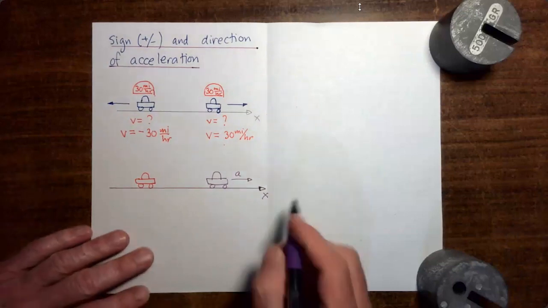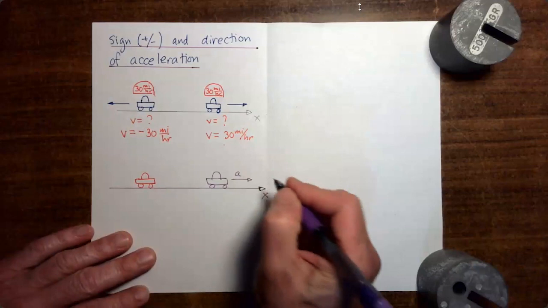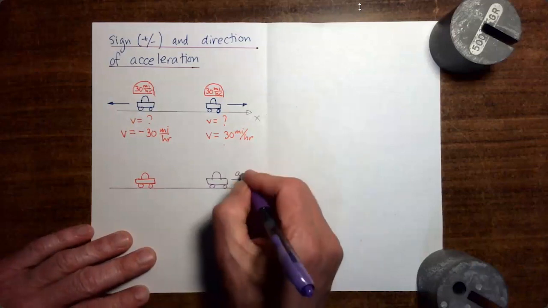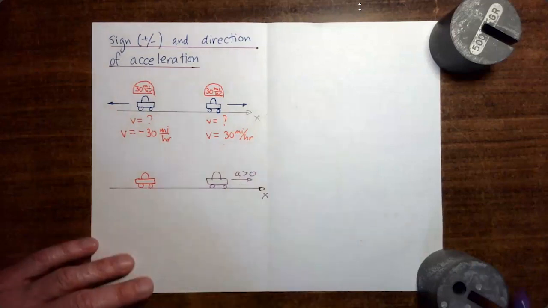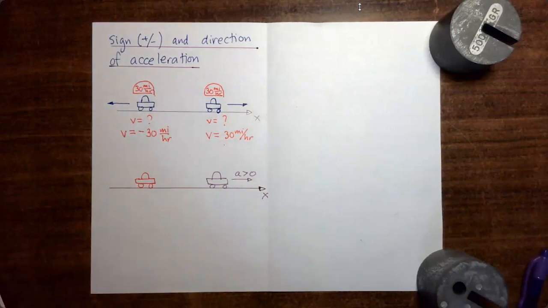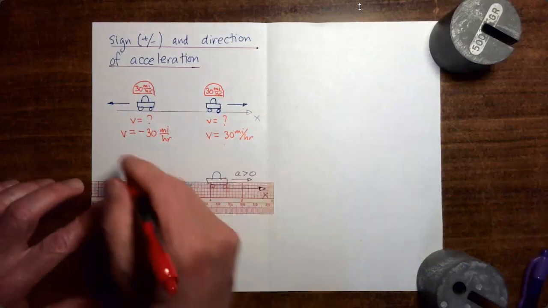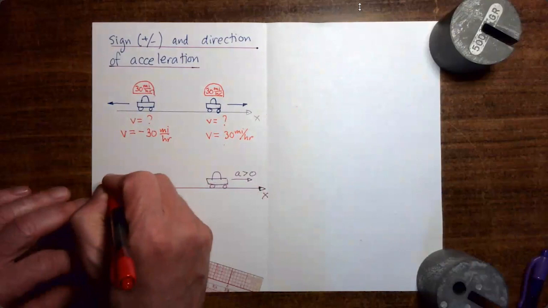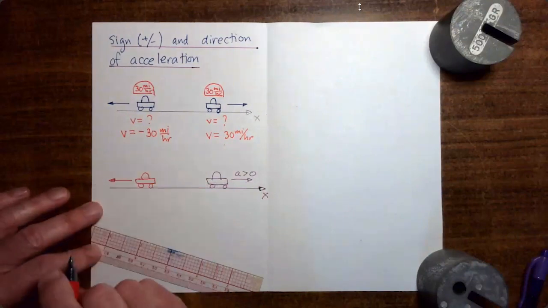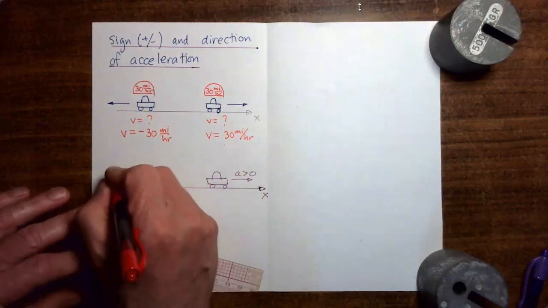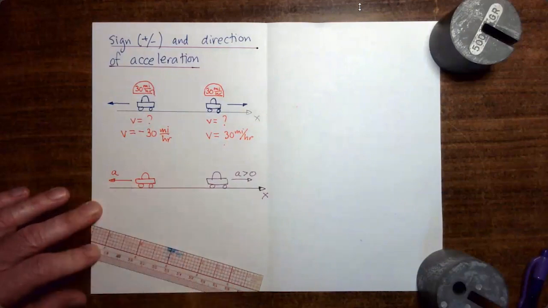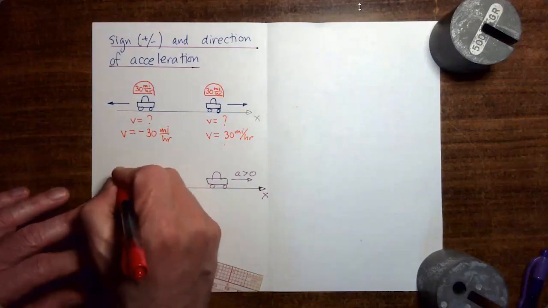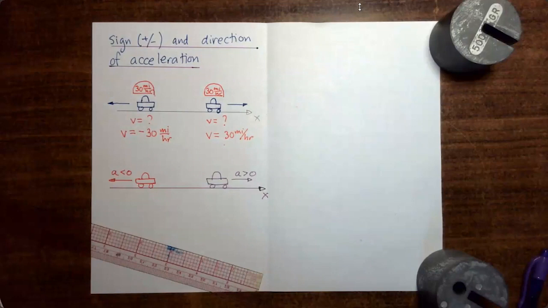If the purple car is accelerating to the right in the positive x direction, we would say that the acceleration is positive. If the red car is accelerating to the left, in other words, accelerating to the negative x direction, we would say that the acceleration is negative.